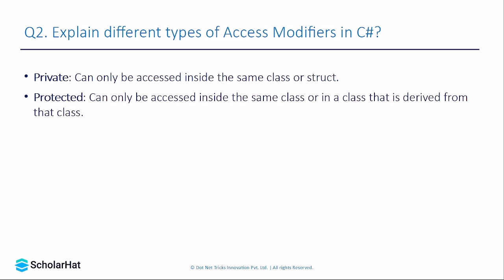The next is protected. The protected can be used or accessed inside the same class or in a derived class. So suppose I declare something as protected, this can be used in the same class and again in the derived class. We have already learned the concept of inheritance and the concept of base class and derived class. So protected is used in that concept, the concept of inheritance.